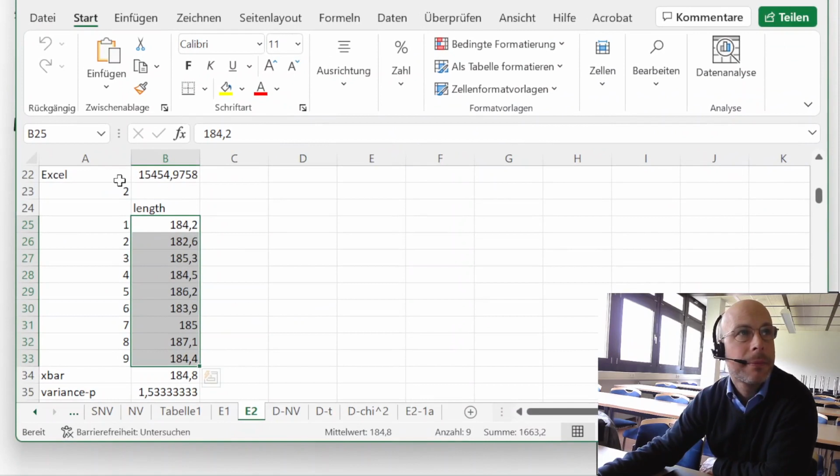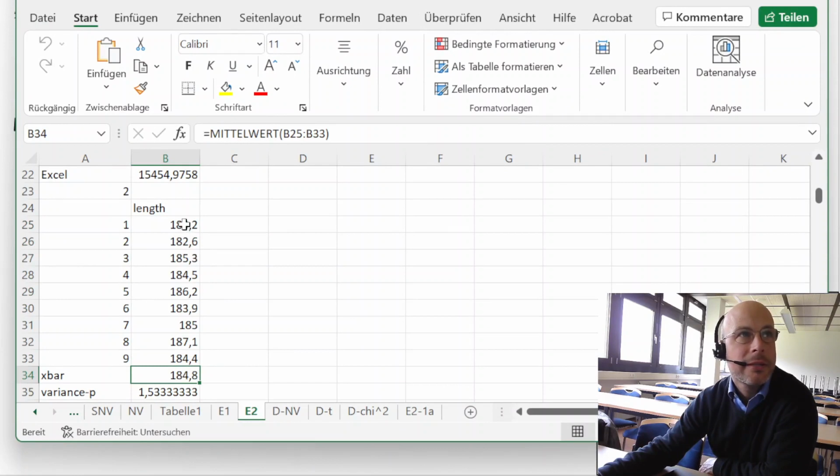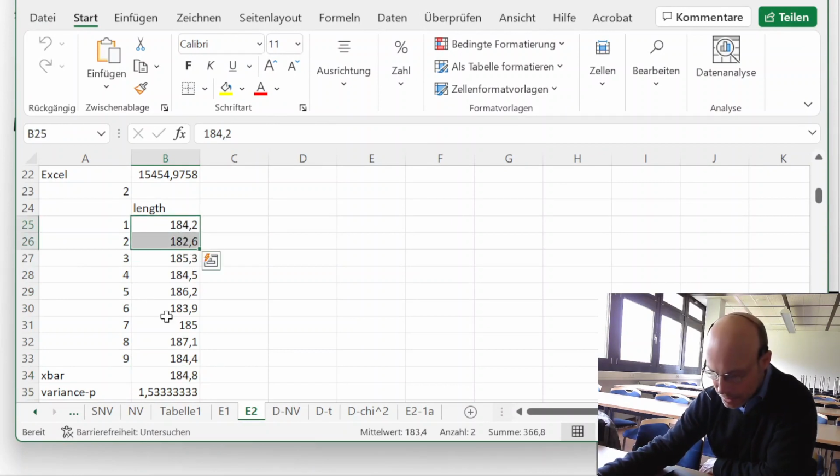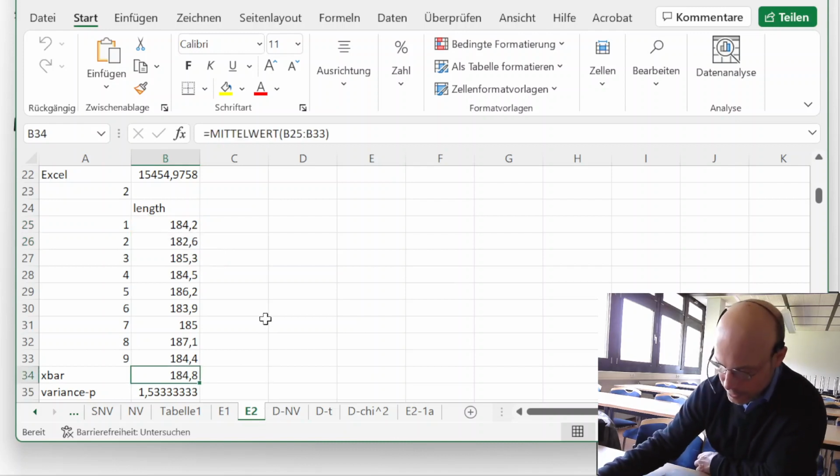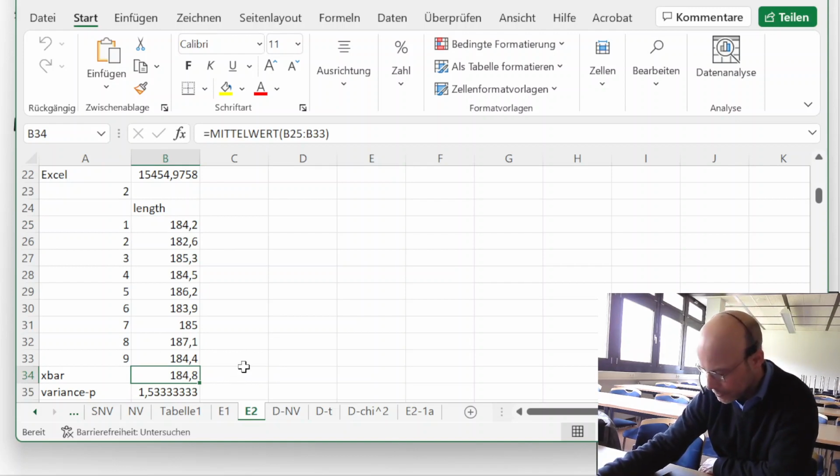So these are my 9 data points, and the arithmetic mean is just summing up this and dividing by 9, 184.8.